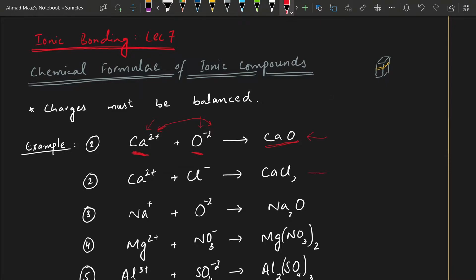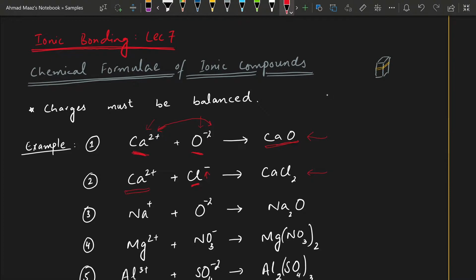In the second case, we have a calcium ion, which means that it has donated two electrons, whereas we have a chloride ion, which means it has accepted one electron only. So there need to be two chloride ions so that the overall charge can be balanced.